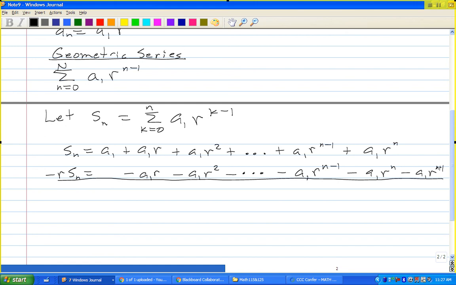And so I have S sub n minus r S sub n is equal to, well, notice here that the a1 r, a1 r squared, a1 r to the n minus 1, a1 r to the n all cancel. So you actually just have the first and last terms.